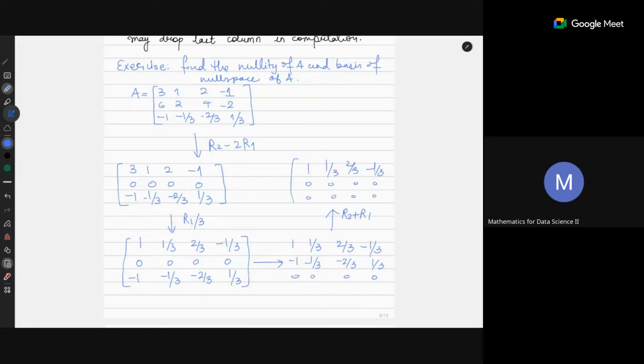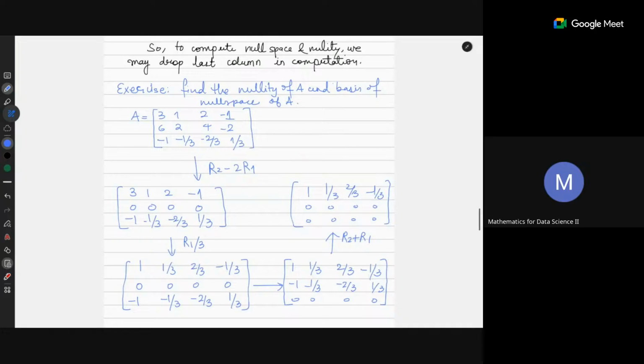So is this an RREF form? Yes. This is RREF, say it with confidence. Now, how many dependent variables and how many independent variables are there? 1 dependent, 3 independent, because there is only one pivot element and the total number of variables is 4, so 3 of them have to be independent.